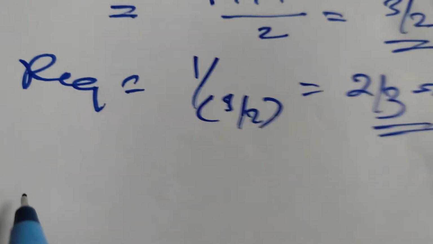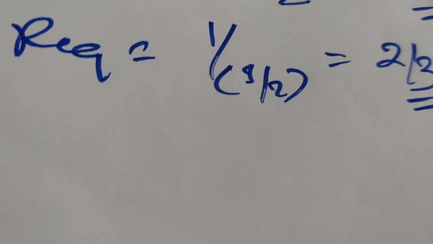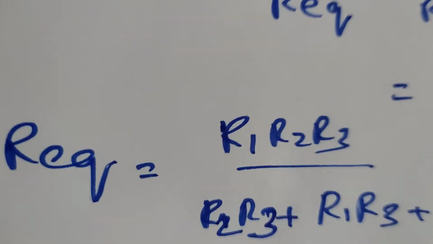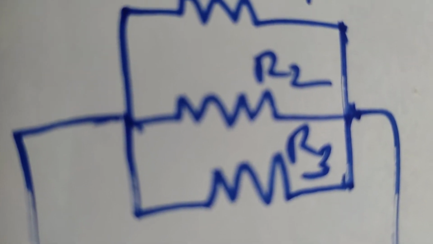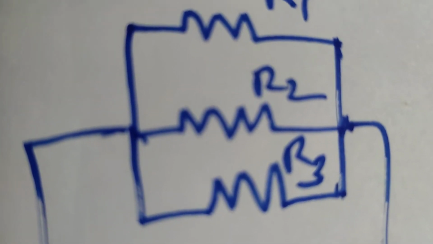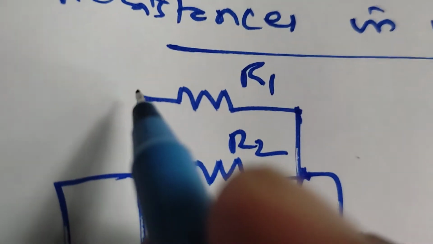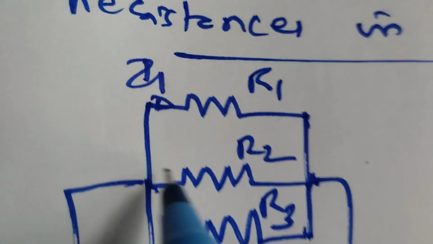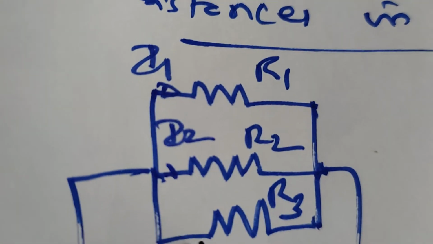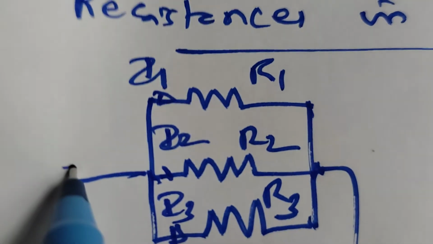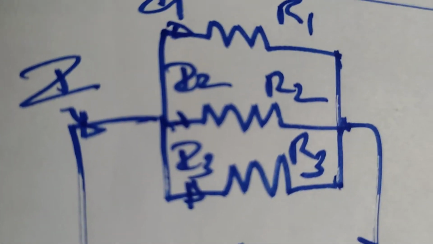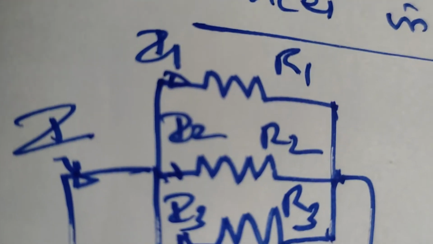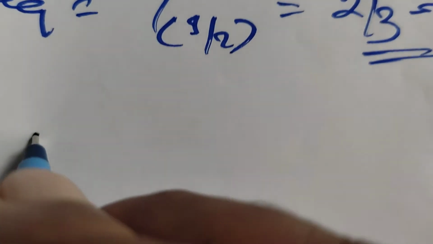Also note that in a parallel circuit, the current is divided into 3. So here you can put I1, I2, I3, and here the main current I. But the voltage will be equal.